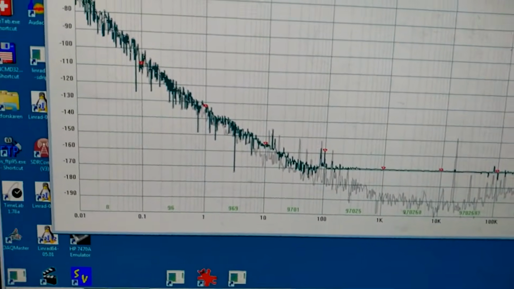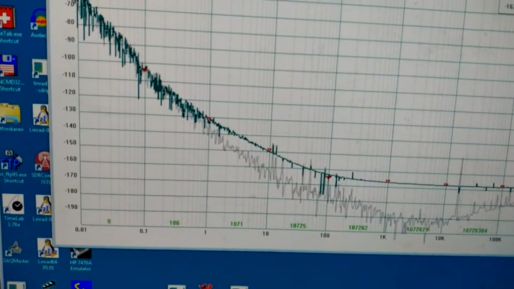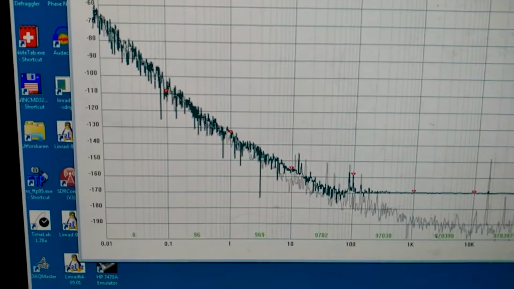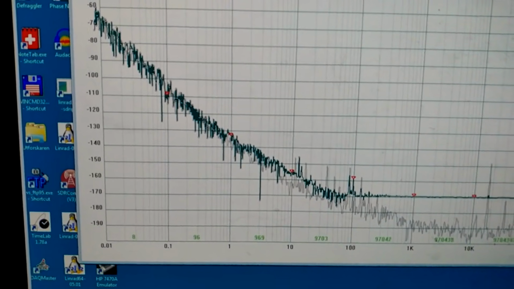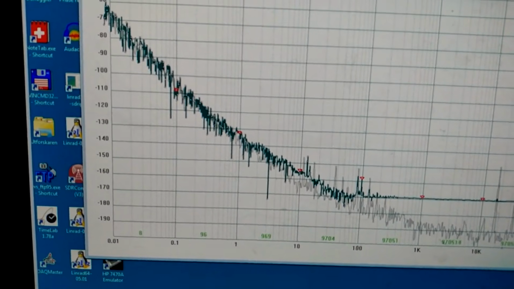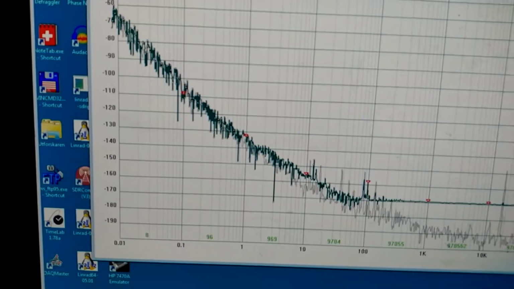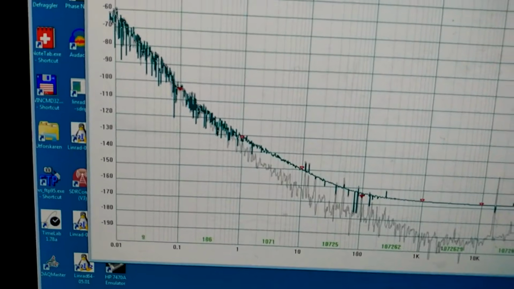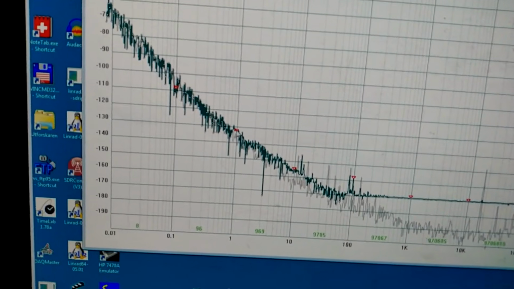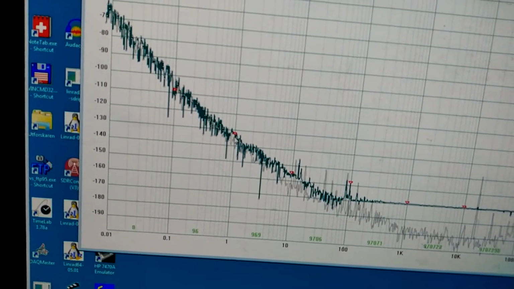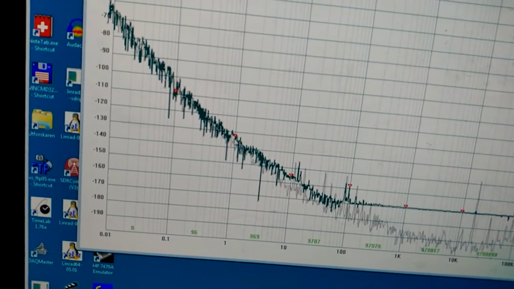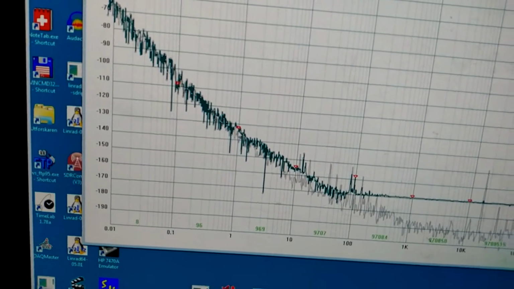The previous situation was this, and it's clear that the noise is significantly lower. Not as low as when feeding with 50 ohms on the transformer, but clearly lower. And it has not converged completely here at 1 Hz. It looks like maybe it will be minus 135 or something like that.